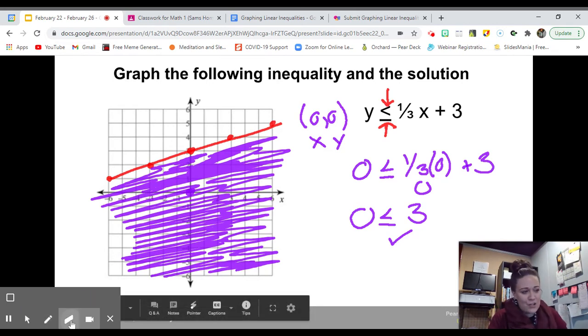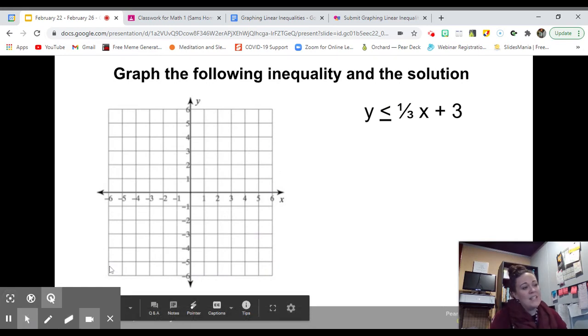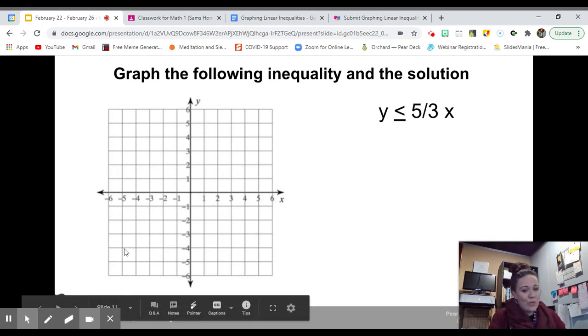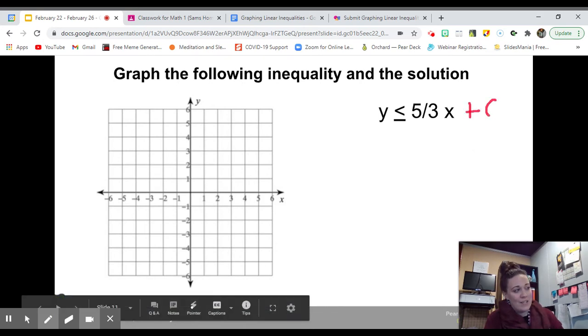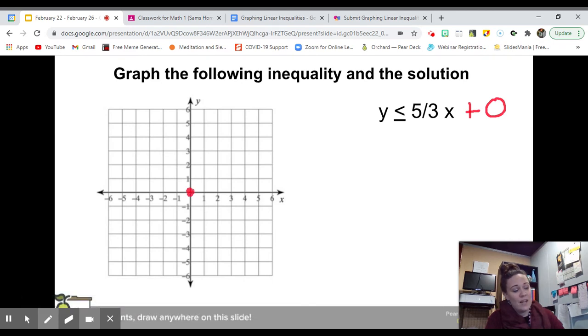Okay, hopefully I haven't lost you yet. I do have one more example to go over because sometimes 0, 0 is not able to be used. And I know that because if I was to graph the equation of this line, my y-intercept is 0. So 0, 0 is going to be on this line.